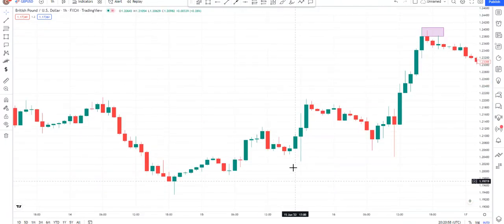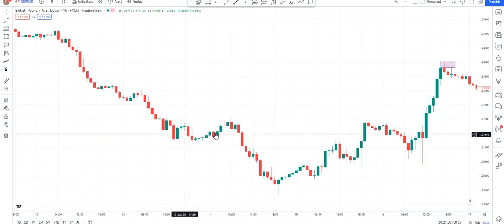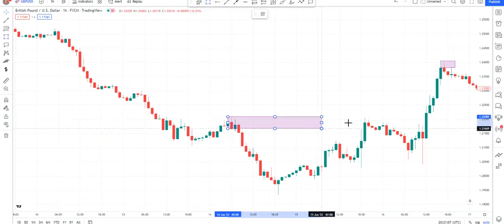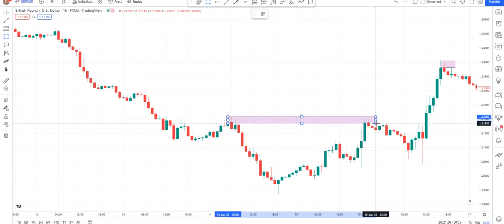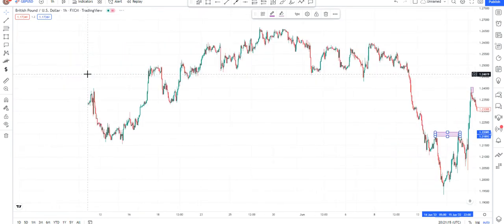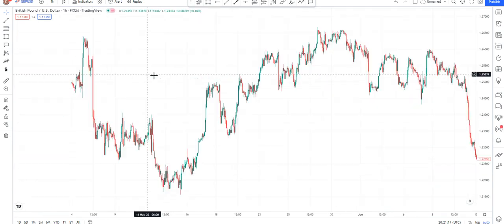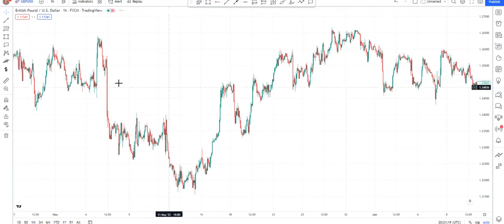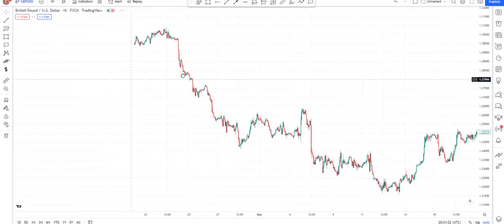So anywhere you see long wicks, especially if there are many of them in one concentrated area, they might be used as a rejection block for price to continue or to reverse for some time or permanently, for long-term purposes. So that's basically what a rejection block is.